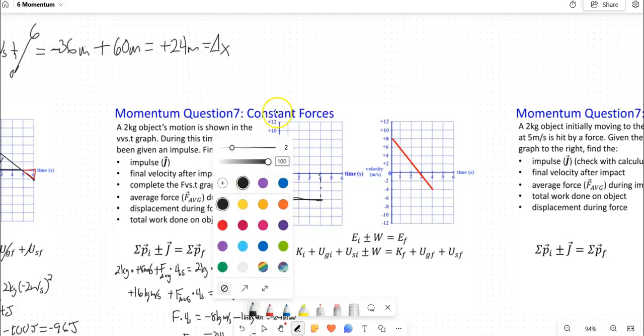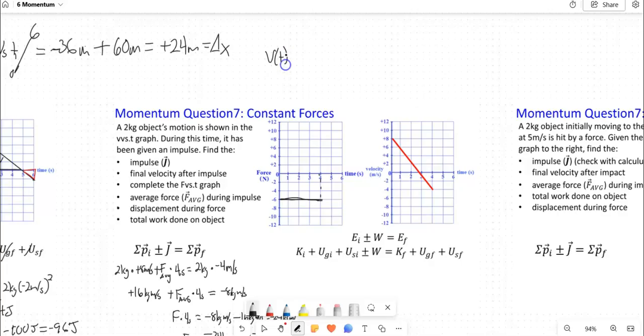Okay. We're going to create a velocity equation, which starts off at positive 8 meters per second, and it ends at negative 4. So that's the initial velocity, positive 8.